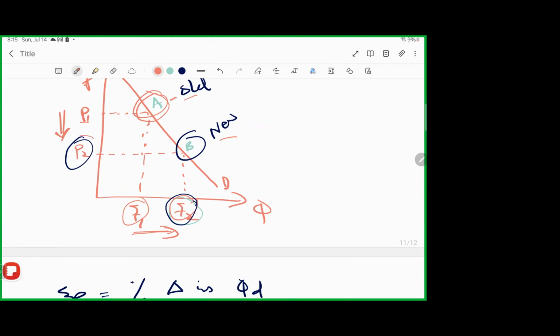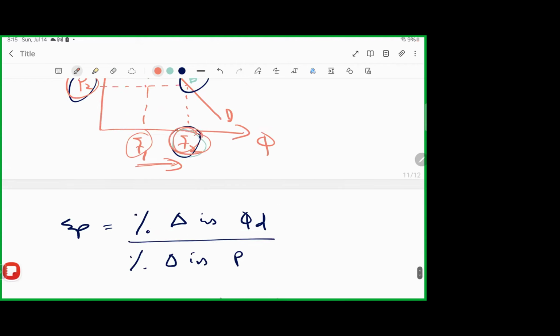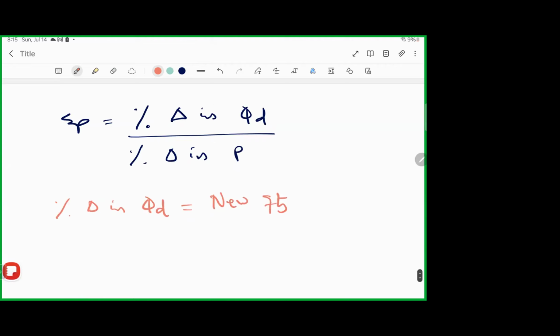So we have the new price and new quantity, old price and old quantity. The percentage change in quantity demanded is the new quantity minus the old quantity, divided by the old quantity. We are looking at it in percentage terms, so times 100.